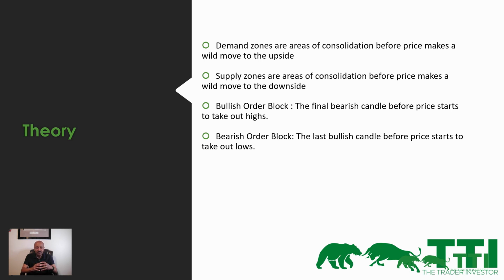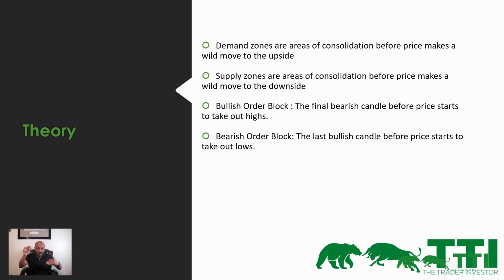And as an entry, a demand zone is an area for a long entry, or an area for a short exit. Let me say that again. A demand zone is an area for a long entry or an exit for a short. A supply zone is an entry for a short position and an exit for a long position.